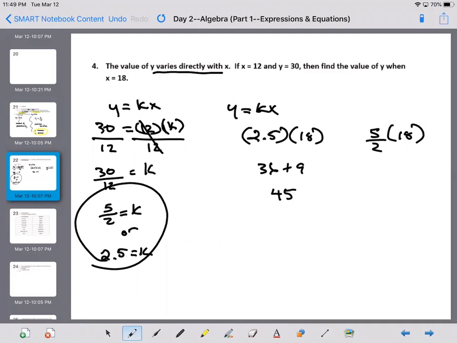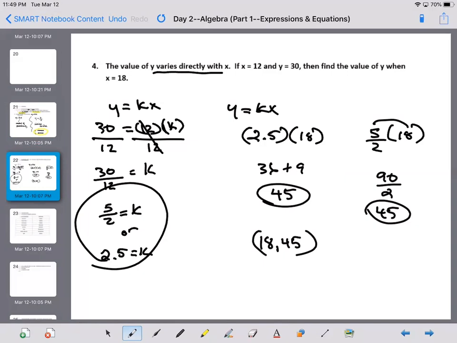Or I could look at, well, 5 times 18 is 50, 5 times 10 is 50, 5 times 8 is 40, so that's 90 halves, which is also 45. So when x is 18, y is 45. And that would go along with the patterns that we saw. As x increases, y increases.